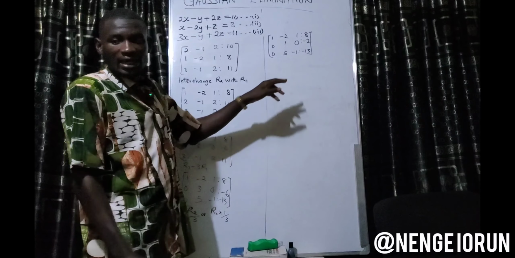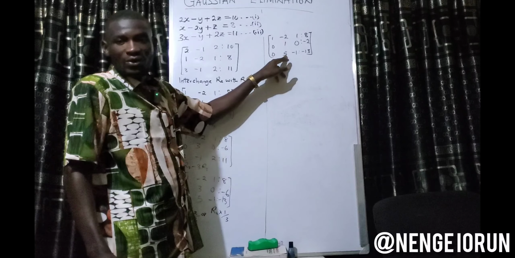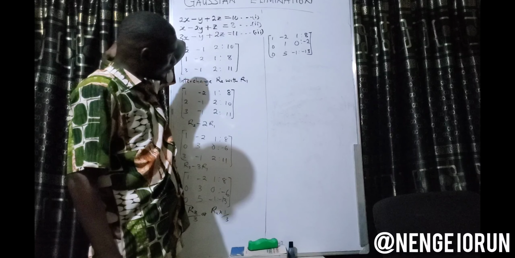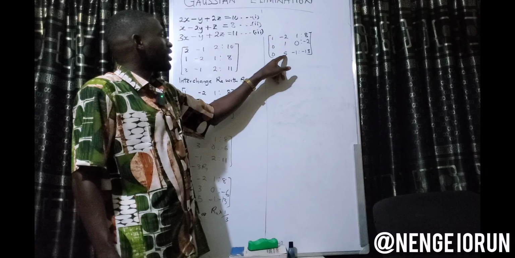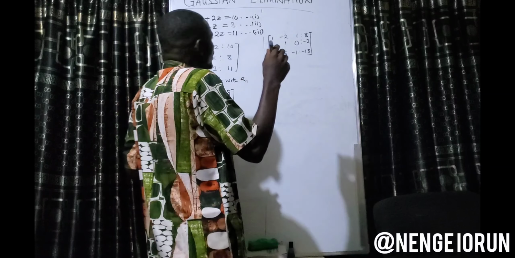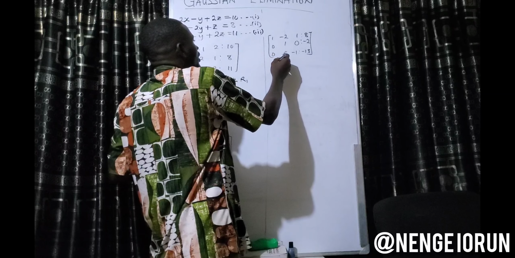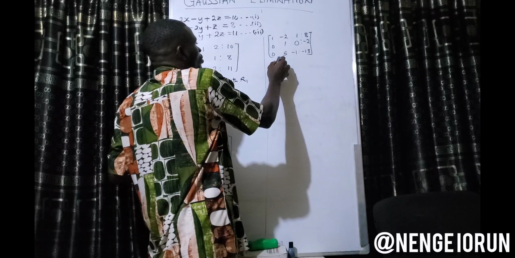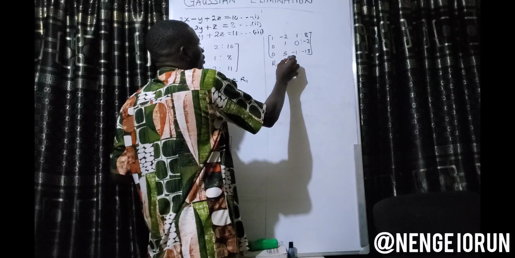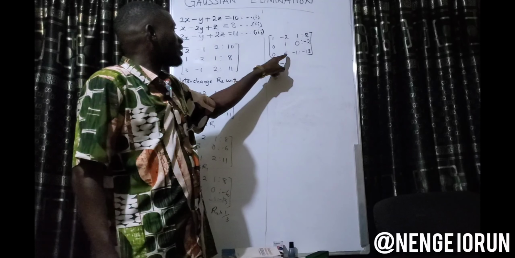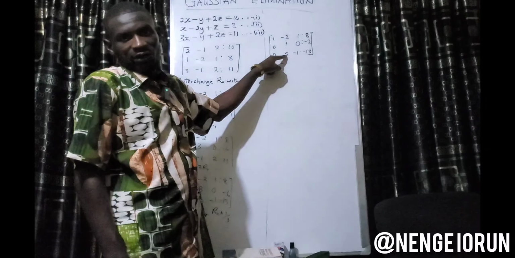So the next step is to make this one 0. What can we do to this one to make it 0? If we say row 3 minus, this one 0 is 5 minus 5.